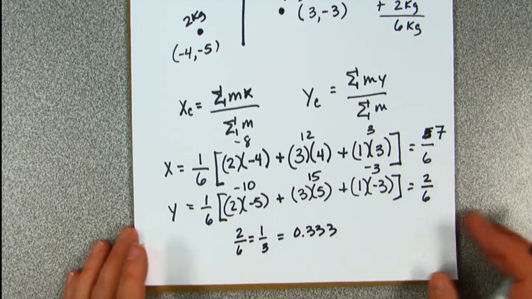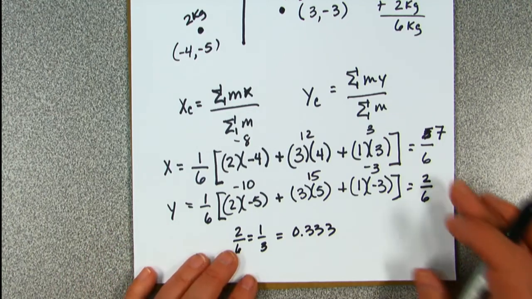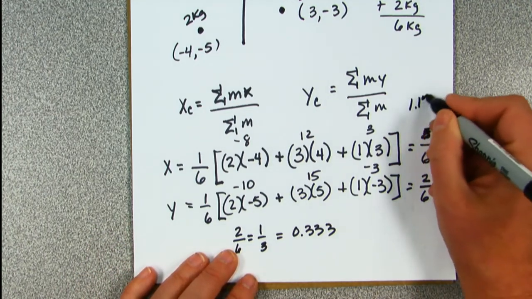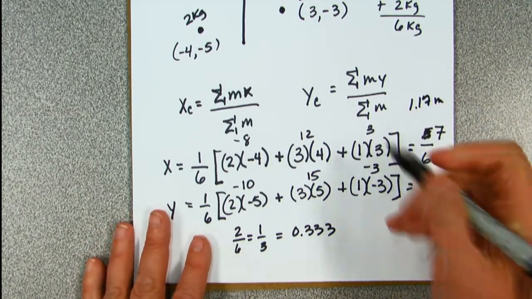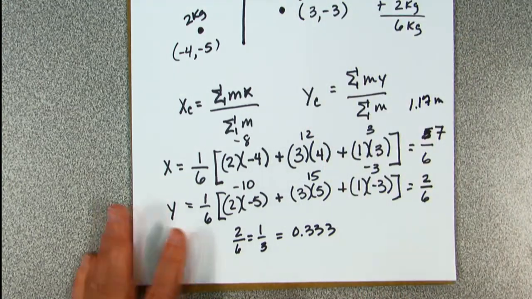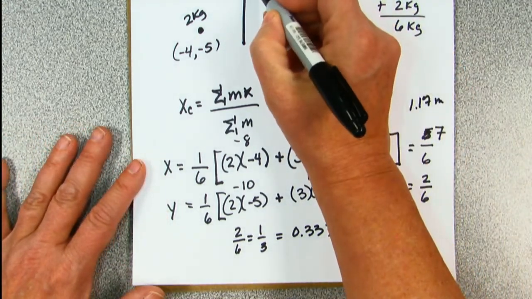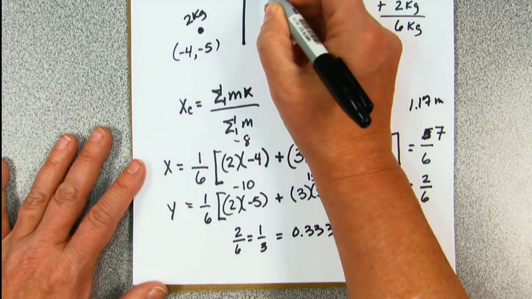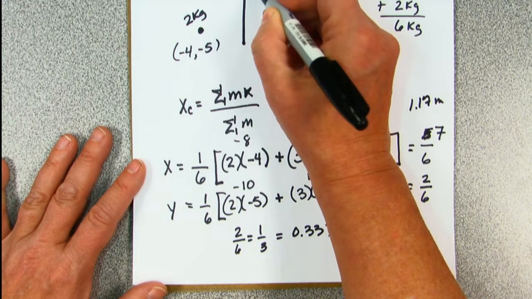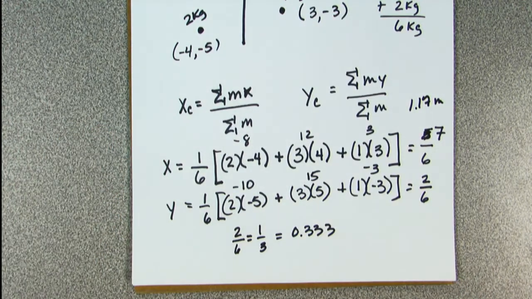So the center of mass of our system, if I do 7/6, that's actually 1.17. So the center of mass is going to be in the x direction somewhere over here, and we're up, so that's where my center of mass is going to be for this system.